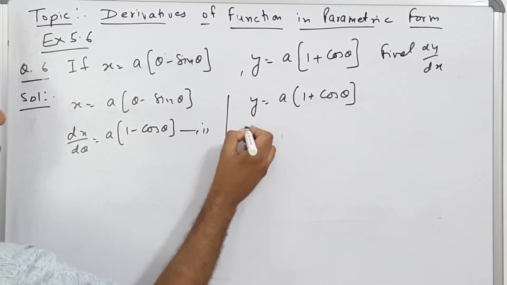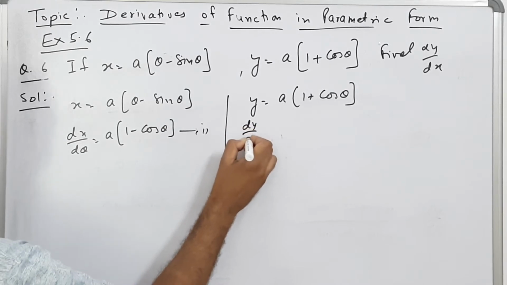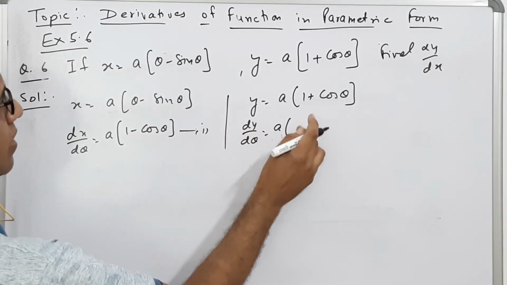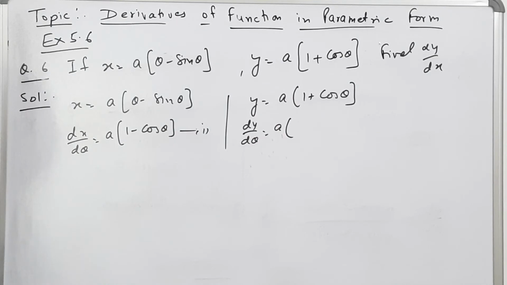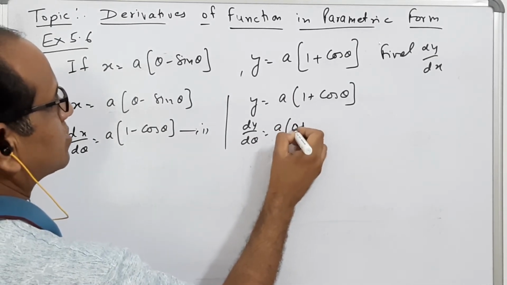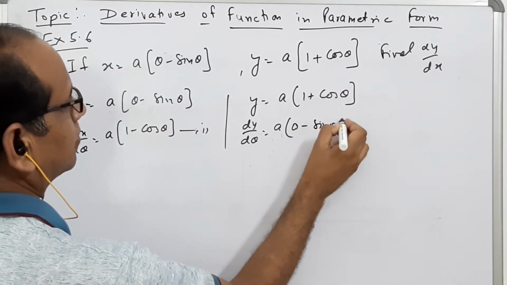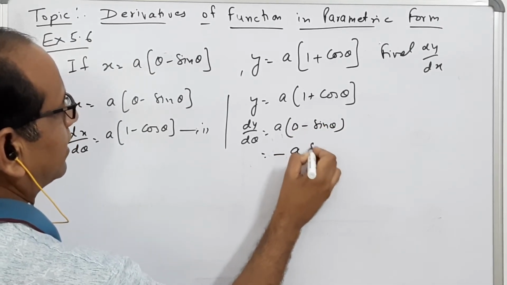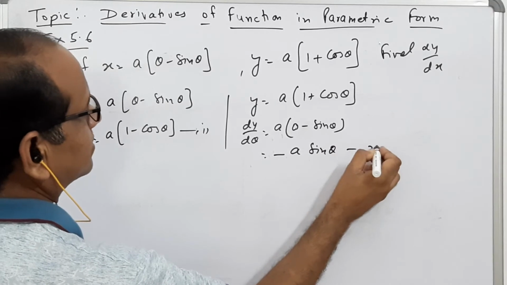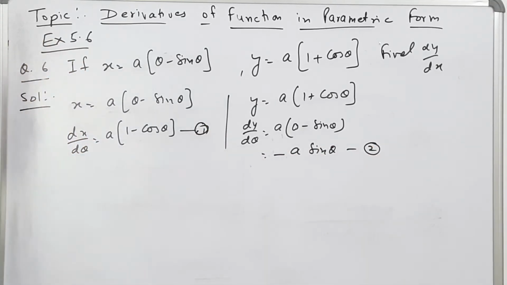The second is dy by d theta: a 1 means it is 0 here, plus cos theta will be minus sin theta. So ultimately it is minus a sin theta. This is the second part and this is the first part.